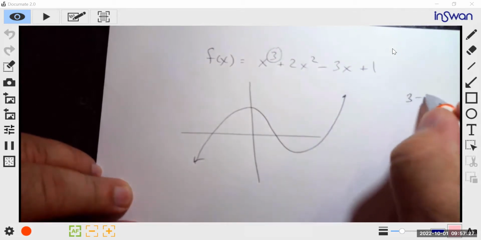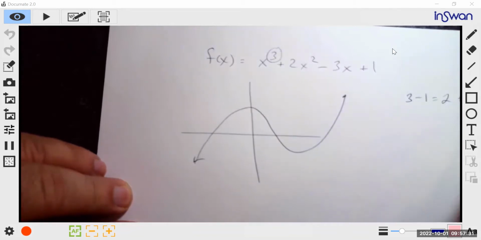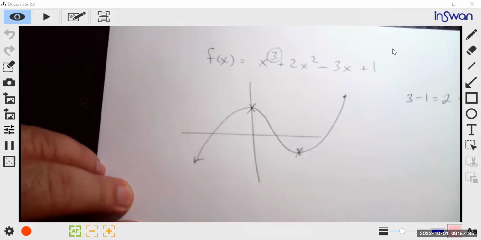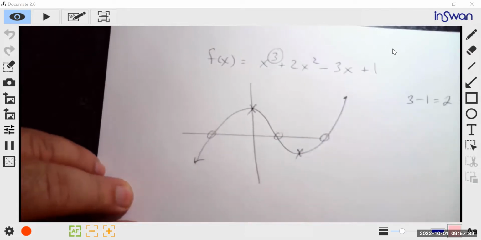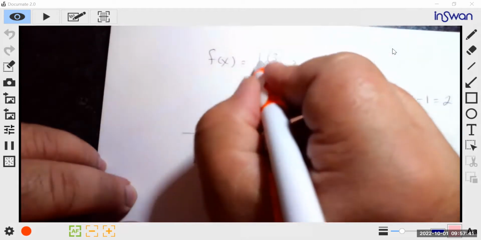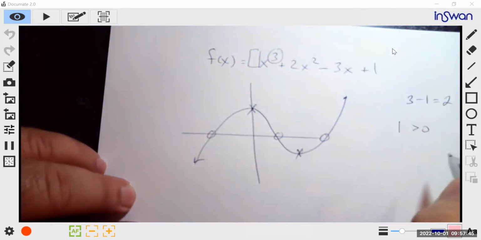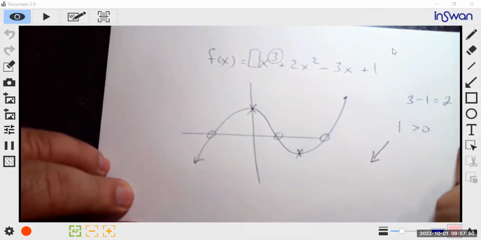So 3 minus 1 is 2. That's the number of vertices. 1, 2. We'll have 3 solutions, 2 vertices. Since the coefficient is 1 and it's greater than 0, we know that it goes down to the left and up to the right.